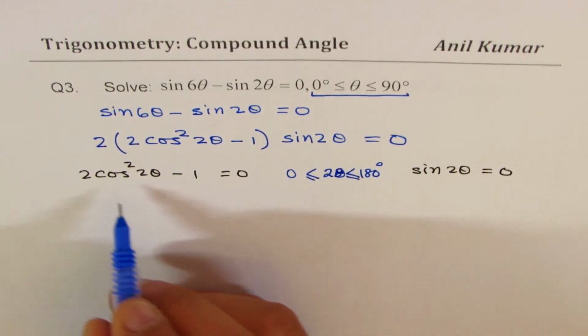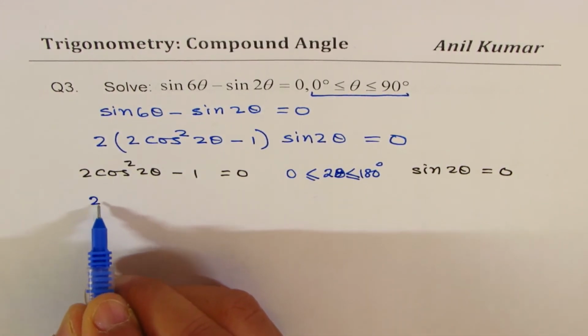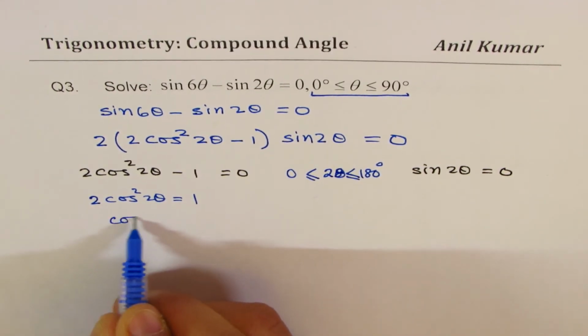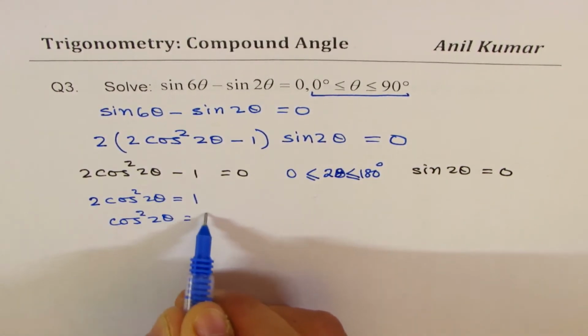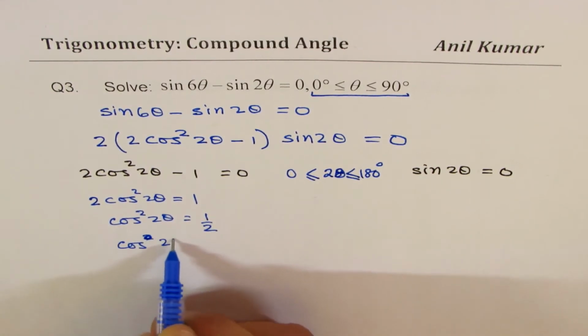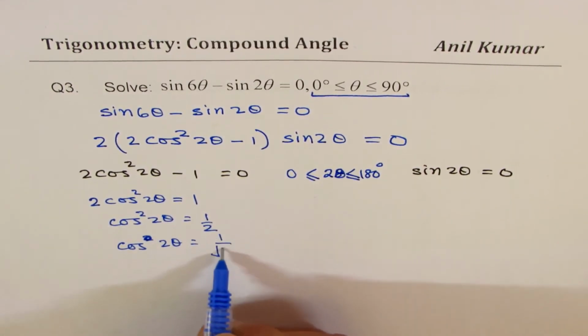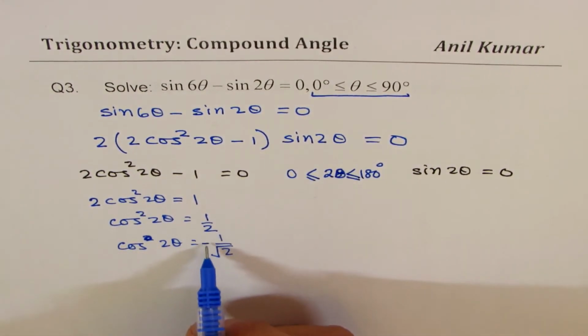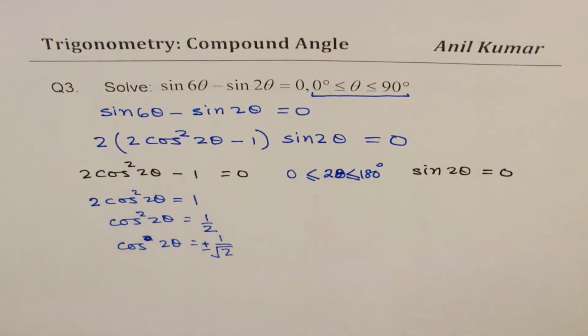So let's solve them one by one. The first one could be written as 2 cos square 2 theta equals 1, cos square 2 theta equals half, cos 2 theta equals 1 over square root 2, plus and minus, because it was squared. So whenever you do this, you have to do plus and minus.